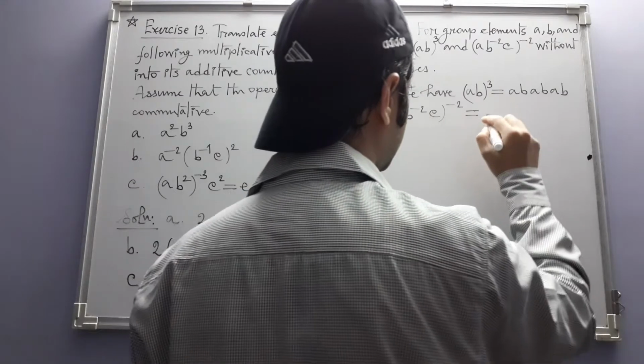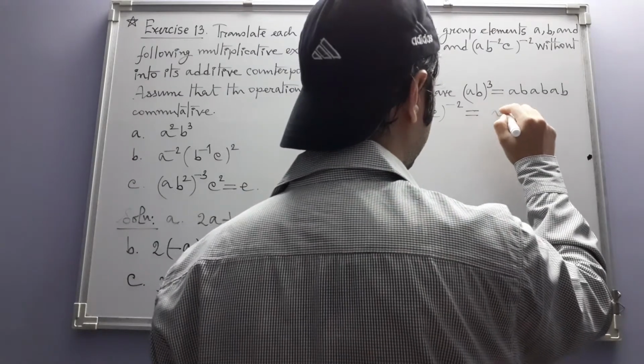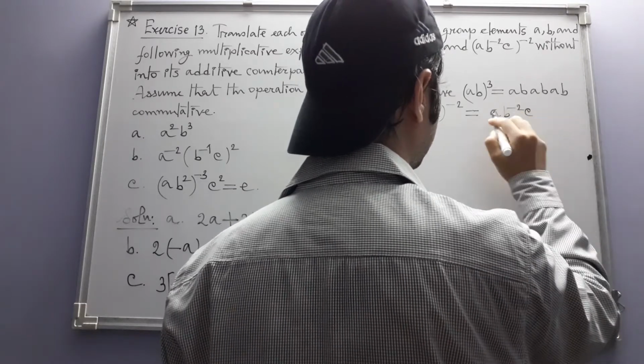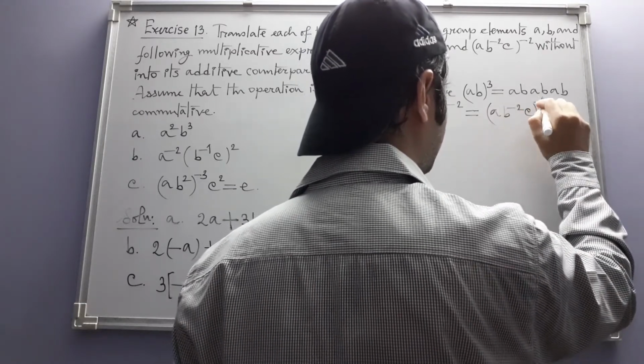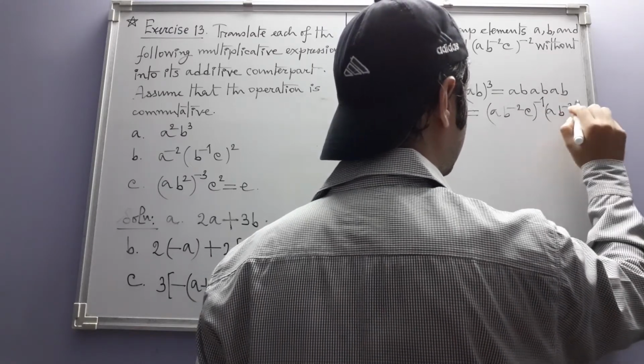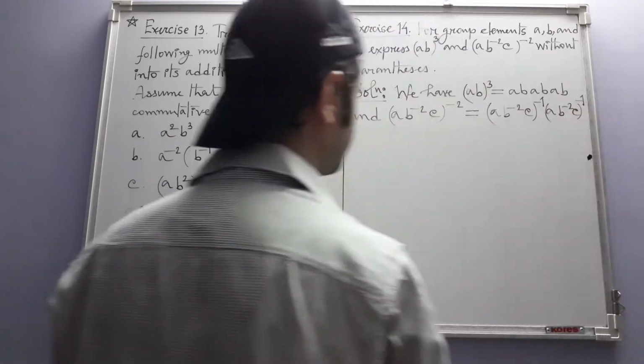By definition, this is what? AB to the power minus 2C inverse, and then again AB to the power minus 2C inverse.